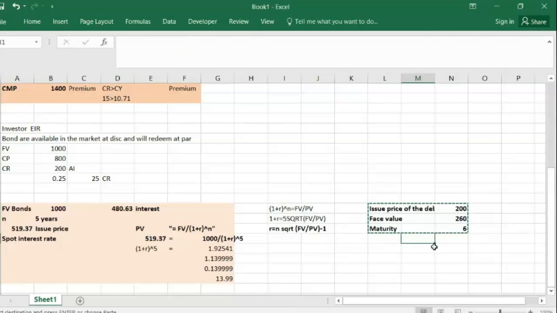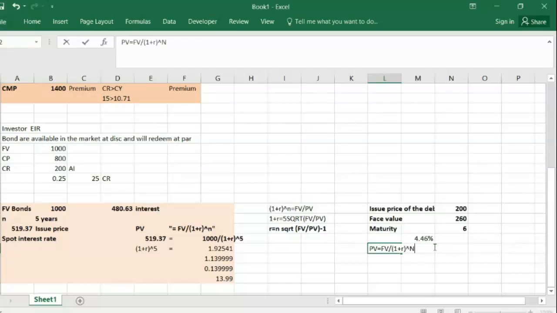I will just go with the derivative method. The present value is equal to future value divided by 1 plus r to the power n. This formula can be used for this particular purpose. I know the present value is the issue price of the instrument. Issue price is 200, equal to the future value of 260 divided by 1 plus r to the power n, which is here 6 years.